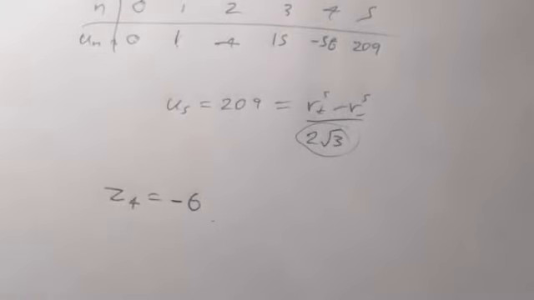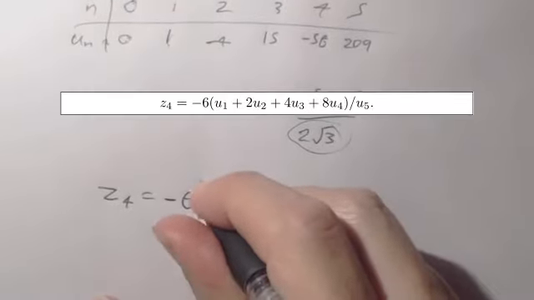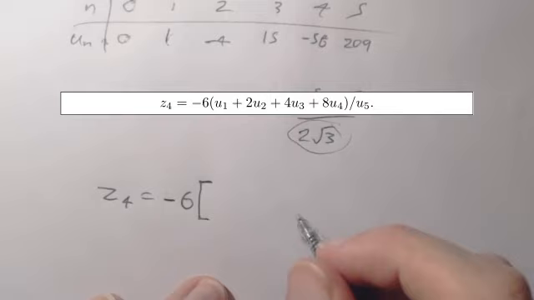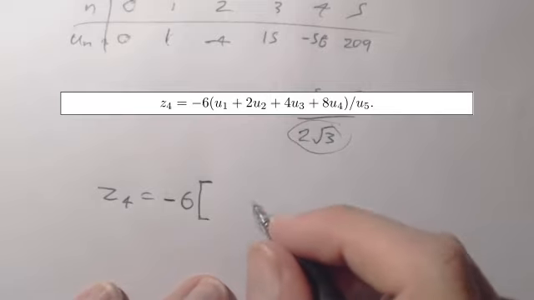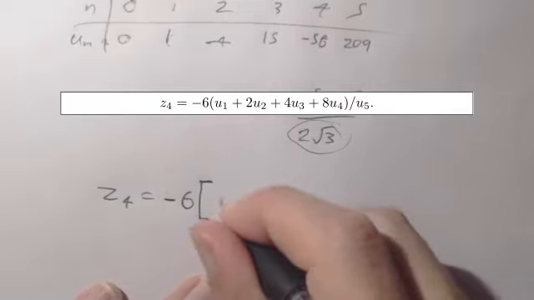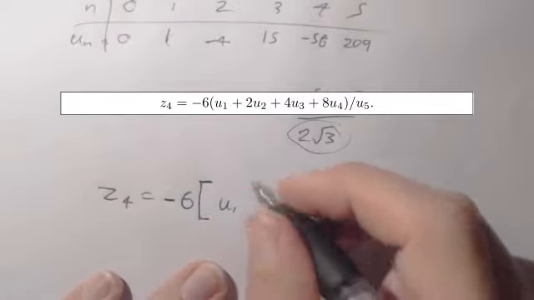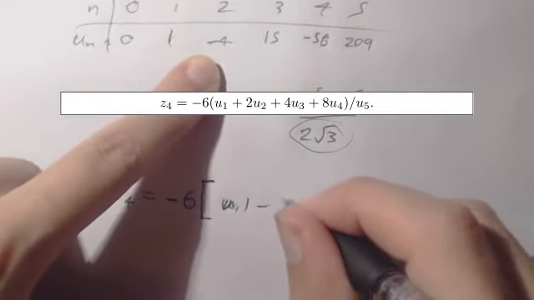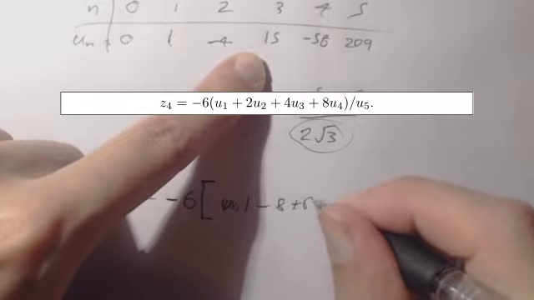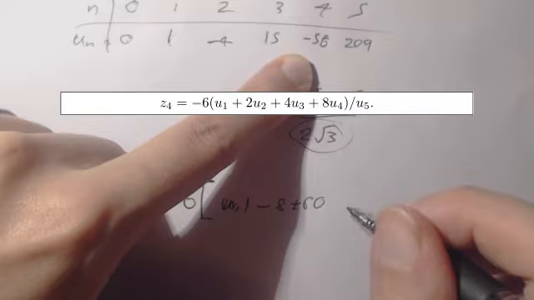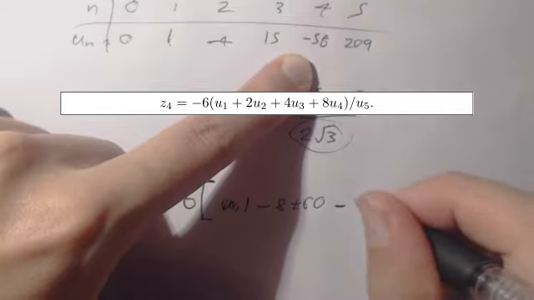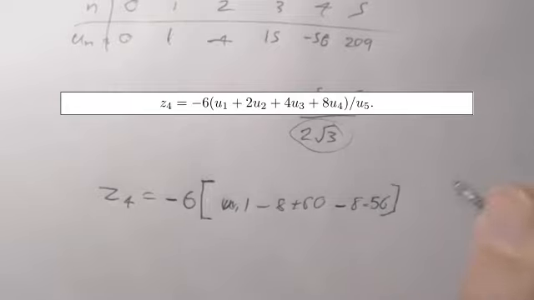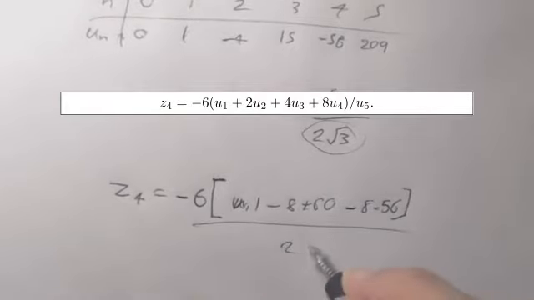So minus 6 times, so it was u1 plus, so it's u1 plus 2u2, so minus 8, plus 4u3 plus 60, minus 8u4, minus 8 times 56, and over u5, over 209.